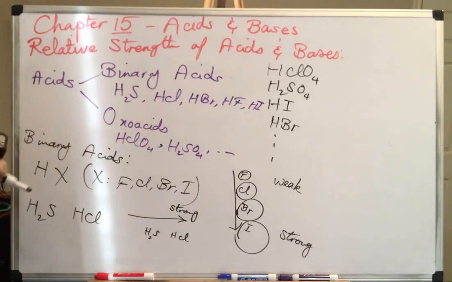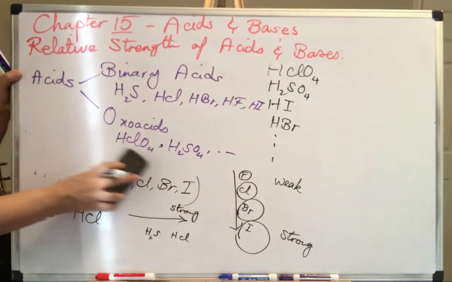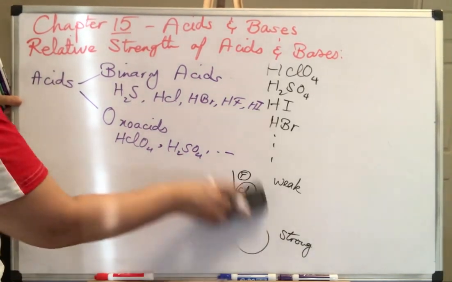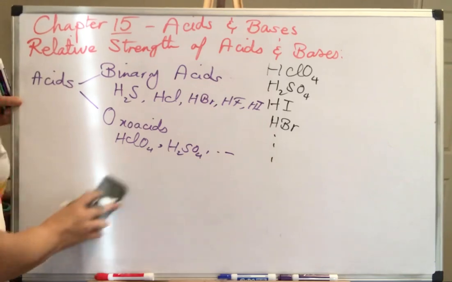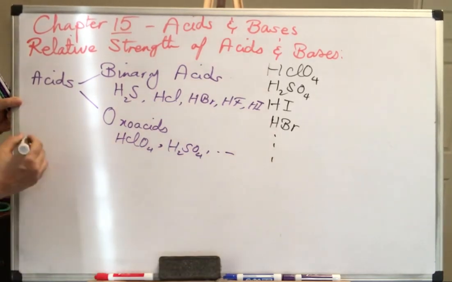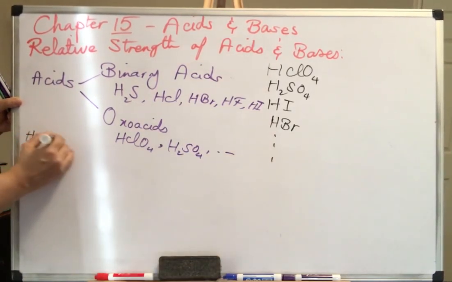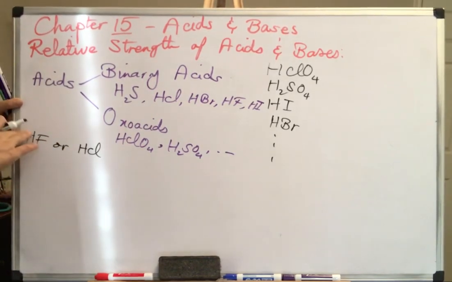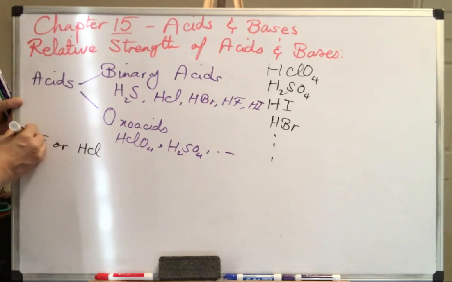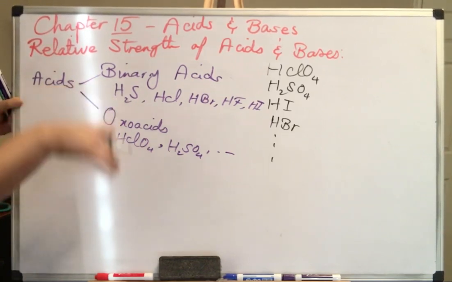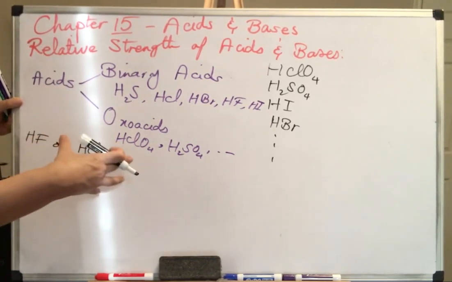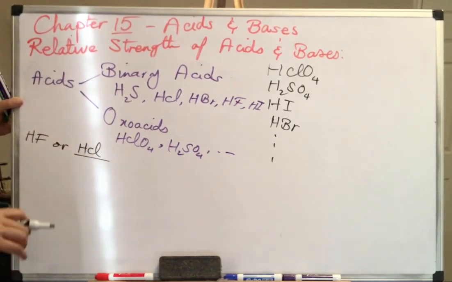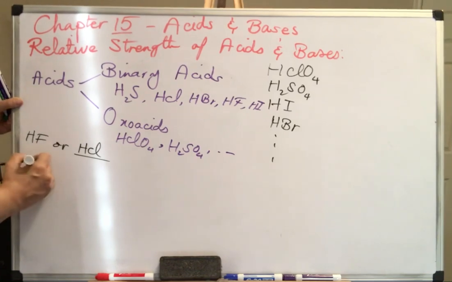So now, if you want to compare, you're working on slide number 28. Let's say we're going to compare HF and HCl. What should we pay attention to? These two are in the same group, so we just determine which one is lower down the group. That would have a larger size and it will release the hydrogen faster. So HCl is stronger.